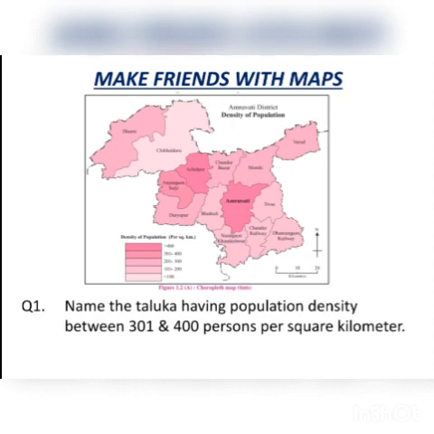Then we need to check the shade given for 301 to 400 persons per square kilometer. Now the same shade we have to check on the map. If you see, students, the same shade is at only one place, that is Anjangaon Surji. Therefore, the taluka having population density between 301 and 400 persons per square kilometer is Anjangaon Surji.